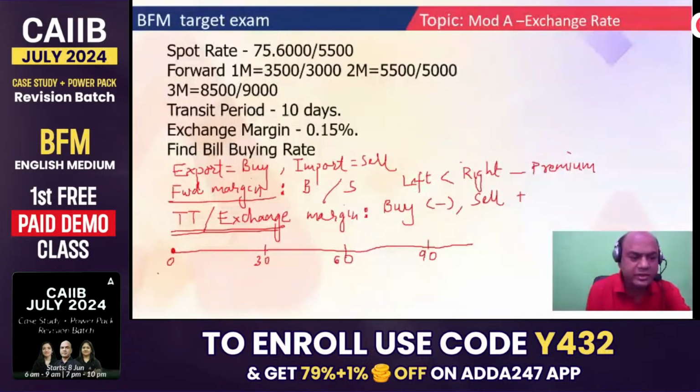So this is always the spot rate, this is always 1 month, this is 2 months, and this is 3 months. Whenever you are given 10 days, 10 days will lie between 0 to 30. So here it will lie somewhere. If you have to find out the rate for 10 days, always follow this 0 and 30.